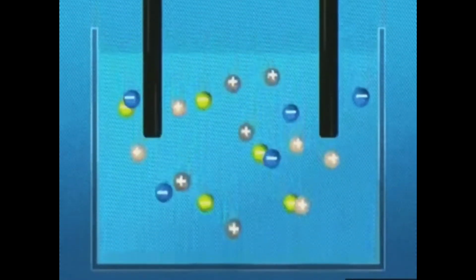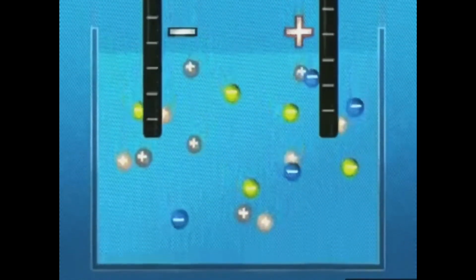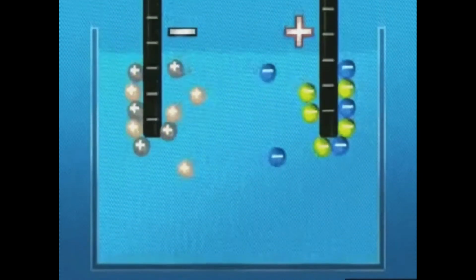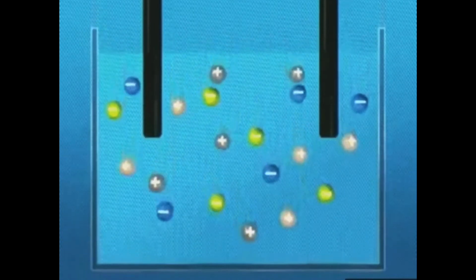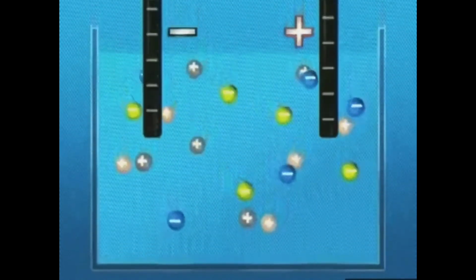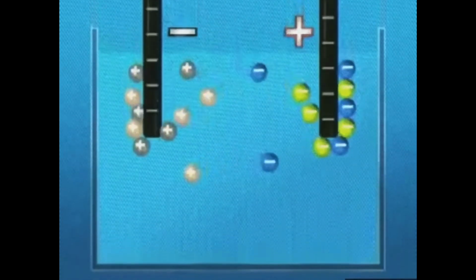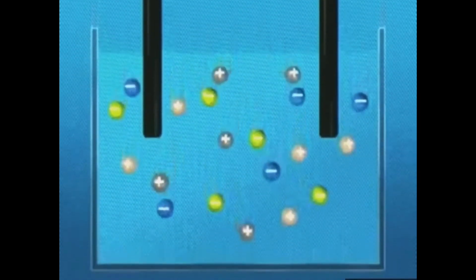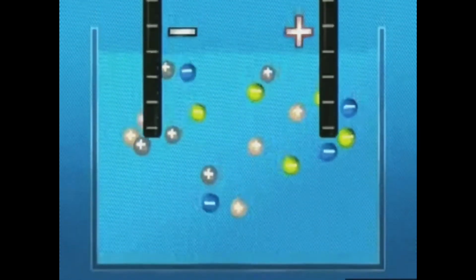And when we complete certain ionic equations, this will also be important to remember, that it's not necessarily just 2 ions in the solution. If it's an aqueous solution, there's likely to be more than 1 type of positive ion or negative ion. And you can see that represented in this simulation here.